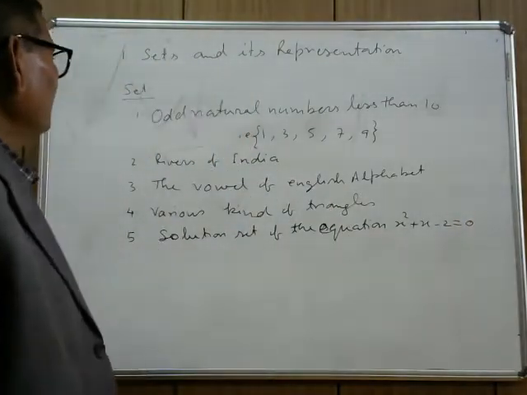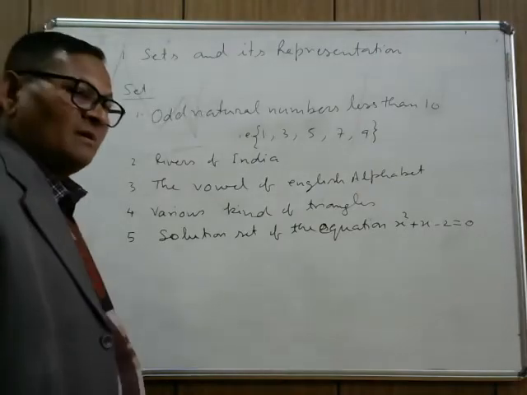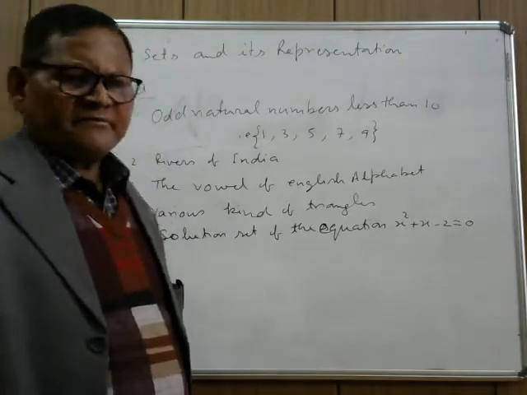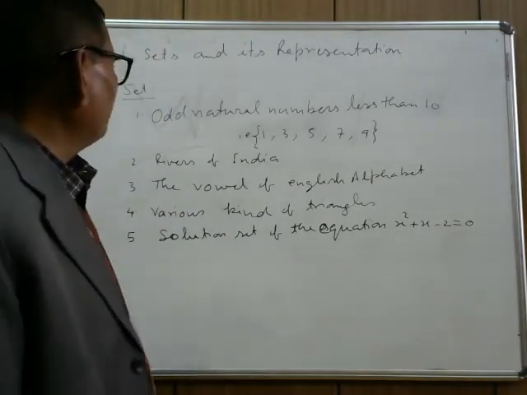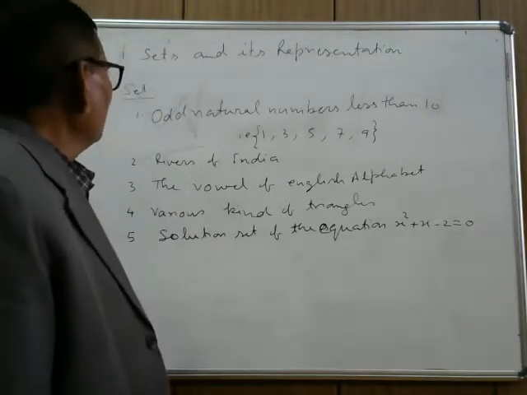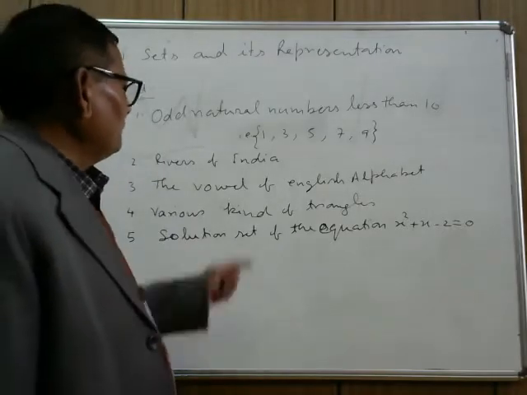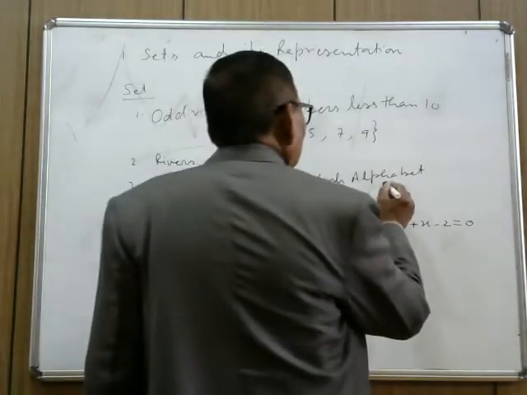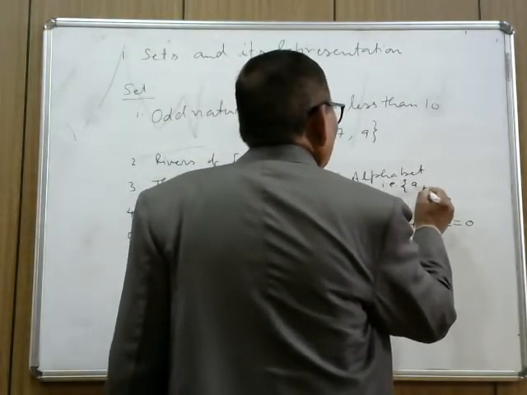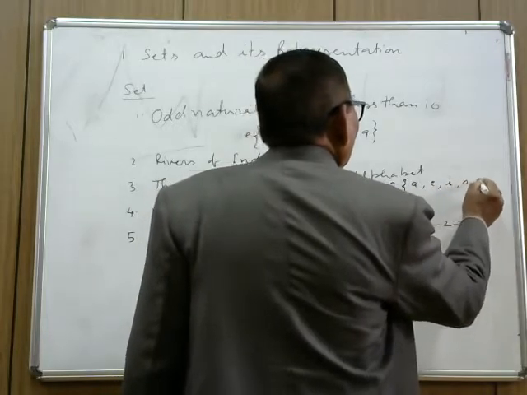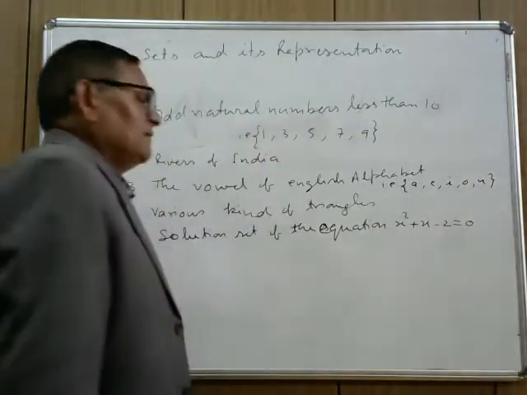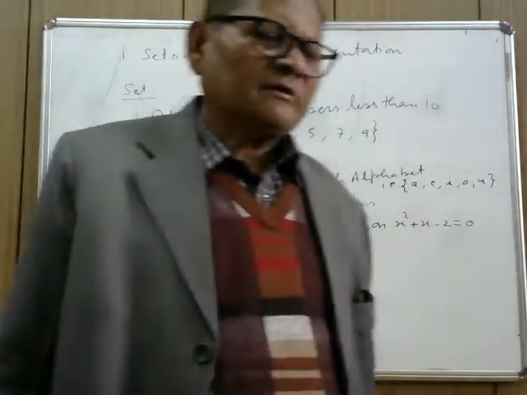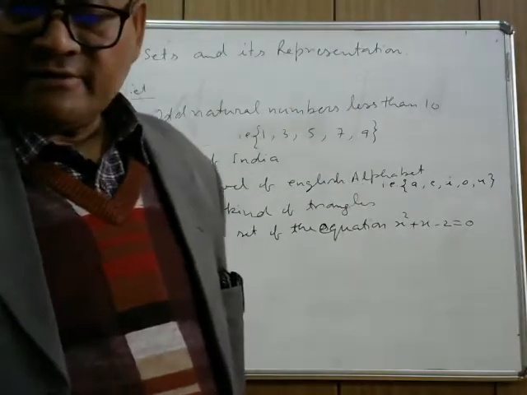So now you can see the rivers of India. You may write Ganga, Jamuna, Saraswati, Ghagra. All rivers in India are members of this set. And odd natural numbers less than 10: 1, 3, 5, 7, 9. The vowels of the English alphabet: A, E, I, O, U. Various kinds of triangles: scalene triangle, isosceles triangle, equilateral triangle, right angle triangle.